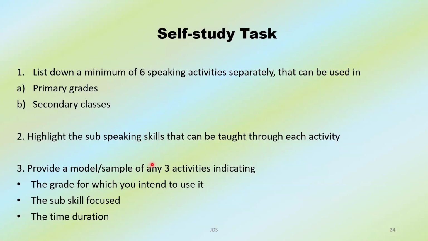Likewise, you need to mention at least 2 sub-speaking skills for each of the activities that you have mentioned. Right? So opposite to that, just mention the sub-speaking skills. Put another column and mention the sub-speaking skills. Then you can answer it once and for all.